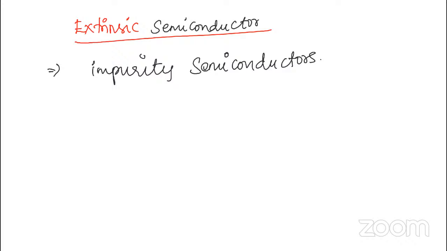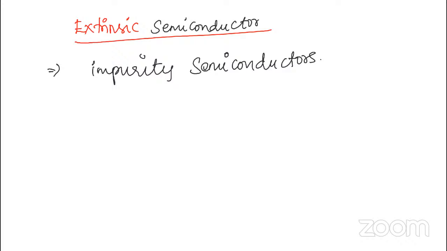Yes, it is blue, right? So to the intrinsic pure semiconductor we add some impurities, just like coloring. After adding, it becomes an impurity semiconductor or extrinsic semiconductor, right?